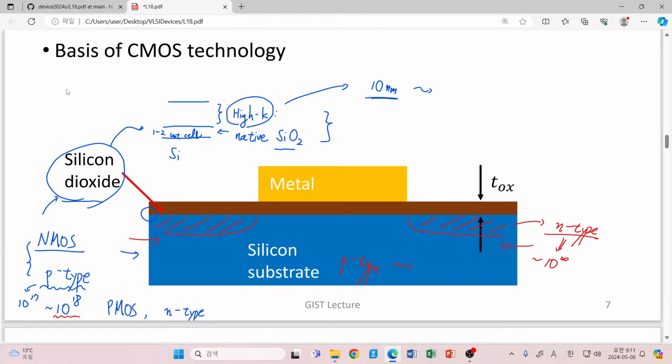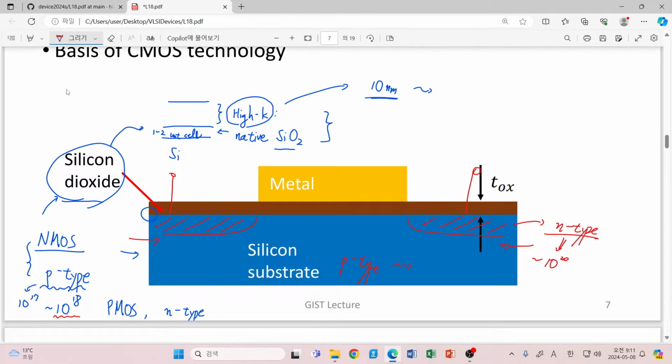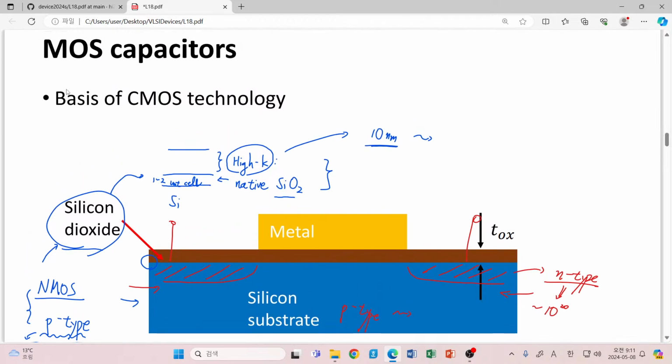So this is with these highly doped N regions, and if they are contacted to other metal contacts, then it becomes a MOSFET, not a MOS. So MOS is just representing the vertical structure shown here.